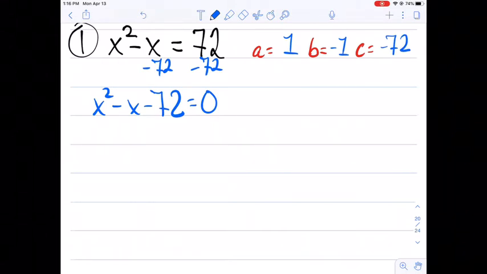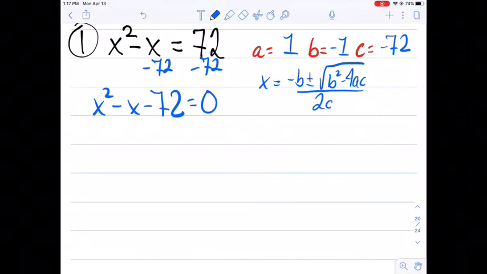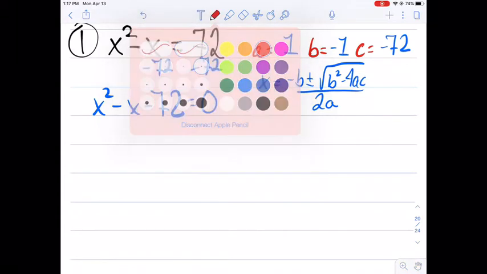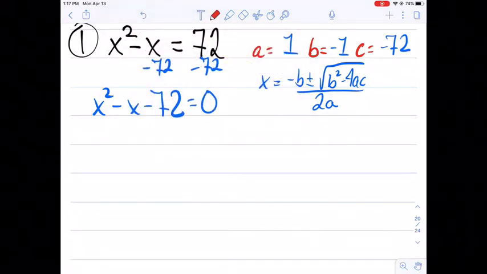All right, those numbers get plugged into the formula. So I'm going to write the formula down again for our reference. x equals the opposite of b plus or minus the square root of b squared minus 4 times a times c, all over 2a. Then down here underneath my new equation, we're going to plug in the numbers.